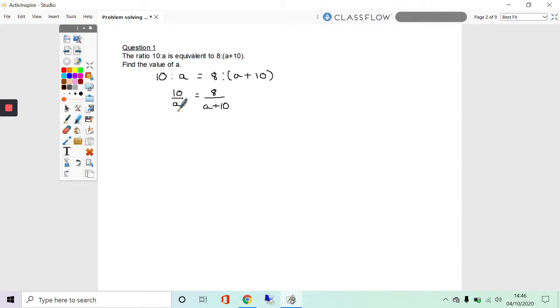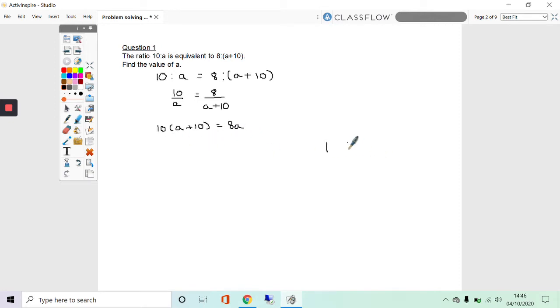So I'm going to take my A over here and multiply, and I'm going to take my A plus 10 over here and multiply. So I'm going to get 10 (A plus 10) equals 8A. So I need to expand this bracket.